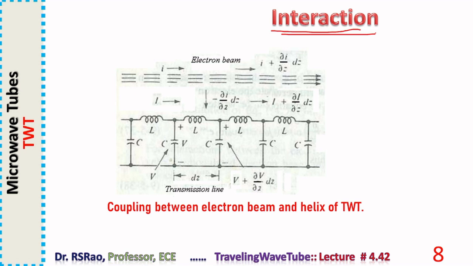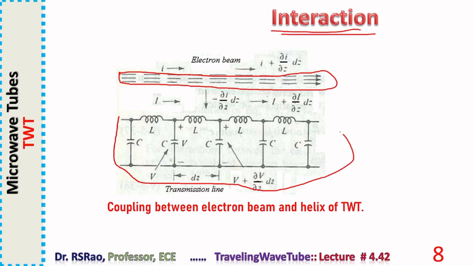Here, the slow wave structure is helix. Here is shown the electron beam. By its side is a helix denoted by its equivalent circuit. Helix is a transmission line, a lossless transmission line. Equivalent circuit of lossless transmission line consists of several sections, each section consisting of an inductor and capacitor.